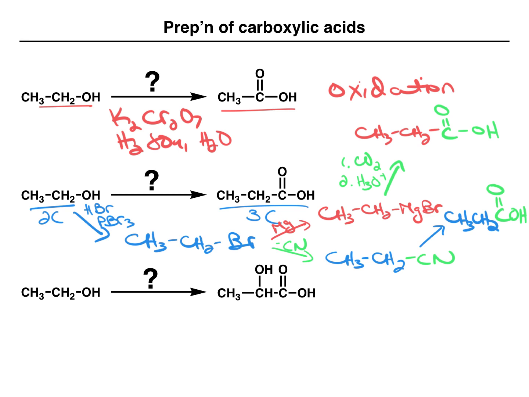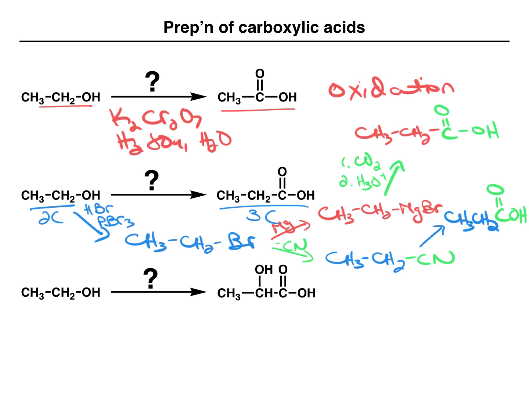There might be some cases where you can't carry out SN2 substitution, then you would have to go the Grignard approach. Or you might have a substrate with a functional group that's not compatible with Grignard, then you would want to do the nitrile approach.